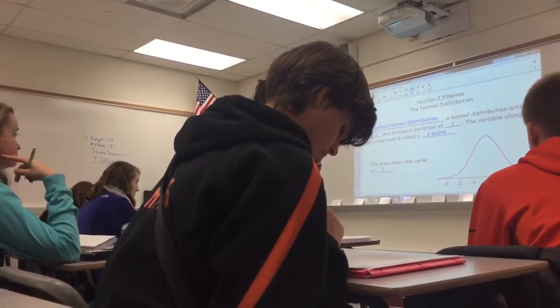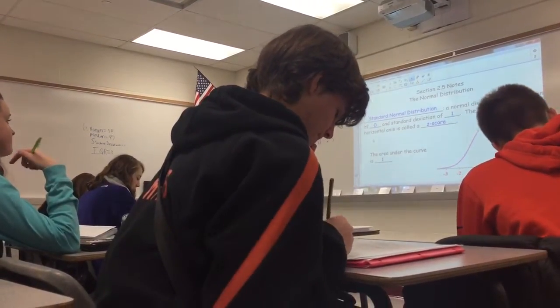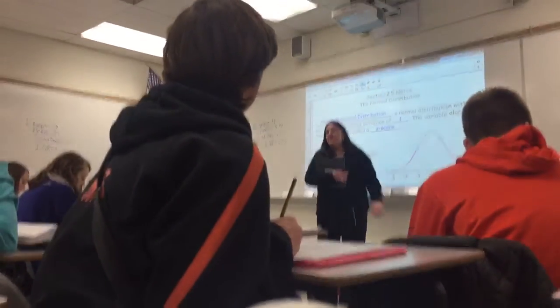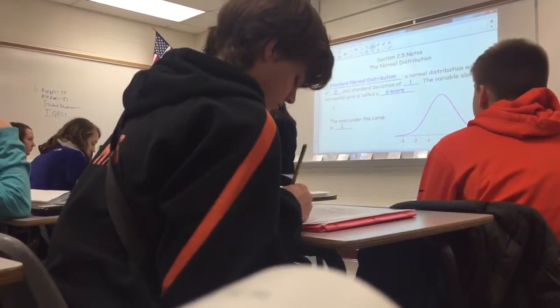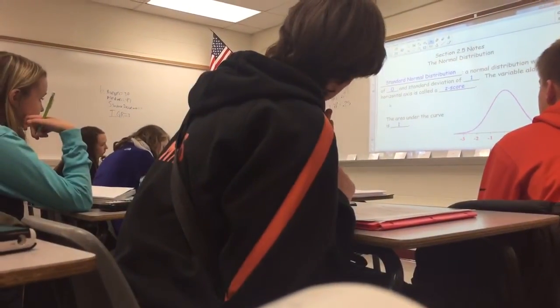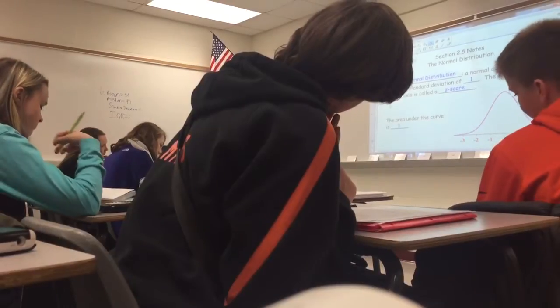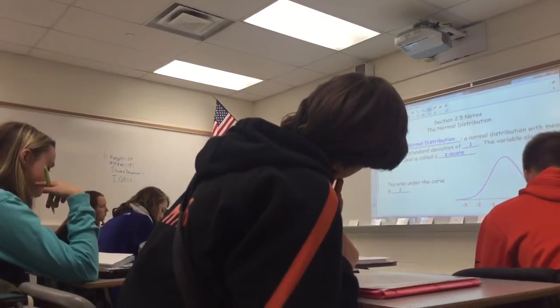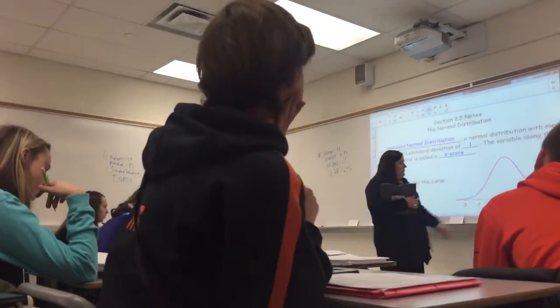Okay. The area under the curve is 1. We want to think about, we're going to want to compare area and probability. So if the probability of something happening is 1, that is certain to happen, we want this whole area to be 1.